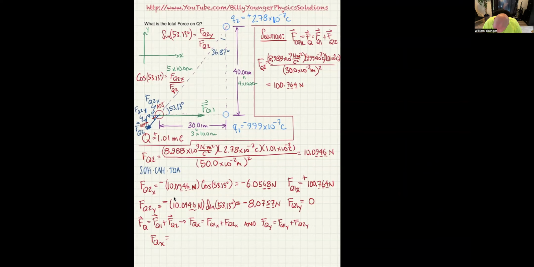Okay. So we now say that the FQ x component is, of course, 100.764 plus negative 6.0568 newtons. So I'm taking 100.764 plus negative 6.0568, and that gives me 94.707 newtons.